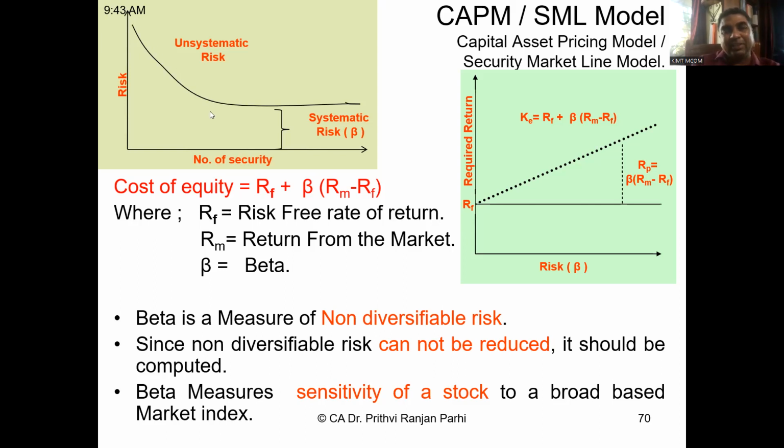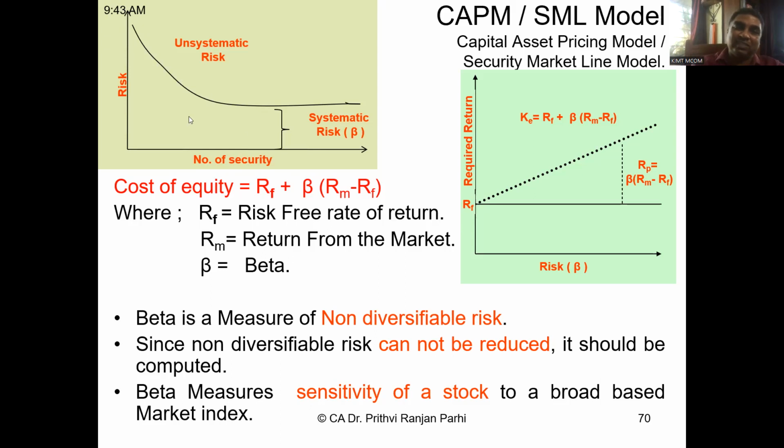You can reduce the risk by increasing the number of securities up to a certain extent. Beyond that, the risk line will behave like a straight or parallel line. It will not go down, because there is some part of the risk which is already embedded within the financial system.